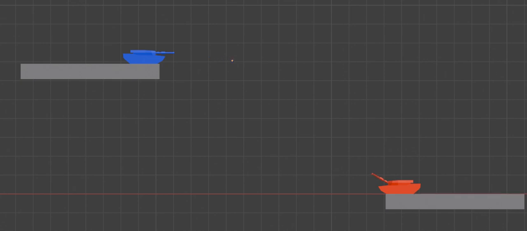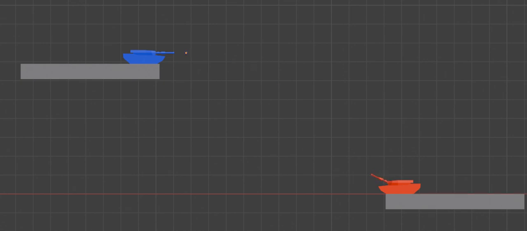And we see that little orange dot is the projectile of the tank. And sure enough, right before the red tank is able to fire, the blue tank lands a hit, and it incapacitates the red team's tank.